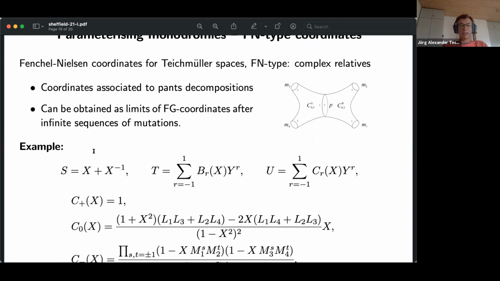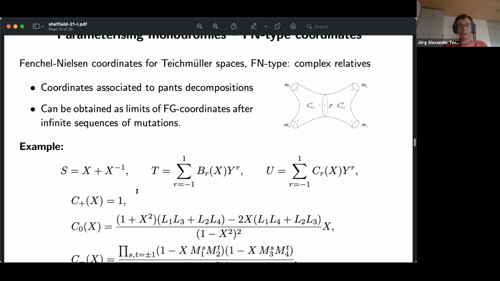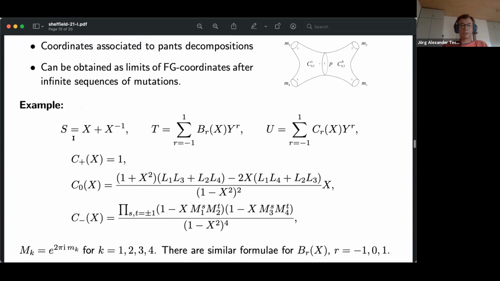And the point has to do with how we write trace functions in terms of these types of coordinates. Namely, you could define these coordinates by just writing down formulae for s, t and u as a function of the coordinates capital X and capital Y, which in the case of Fenchel-Nielsen coordinates take a form like here.